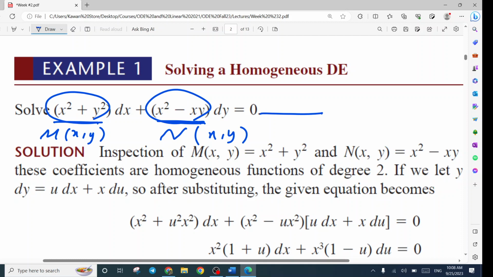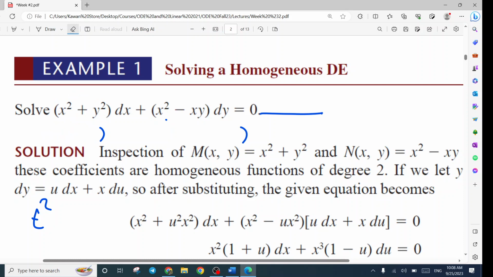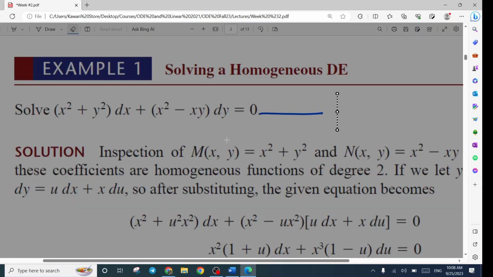You can see from here, M is what? Is homogeneous with t squared. Am I right? How about that one? N. Do you think N is also homogeneous? Let me bring it to here.